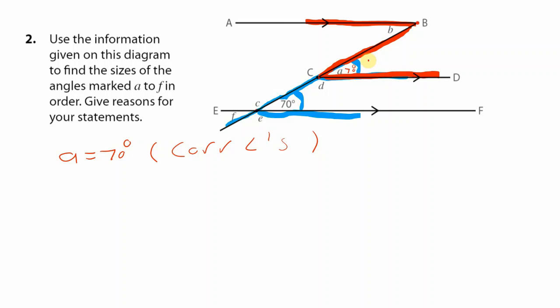That's what alternating means. We can say they are equal since we have parallel lines. So we have therefore A equals B. We know that from the fact that it is alternating angles.